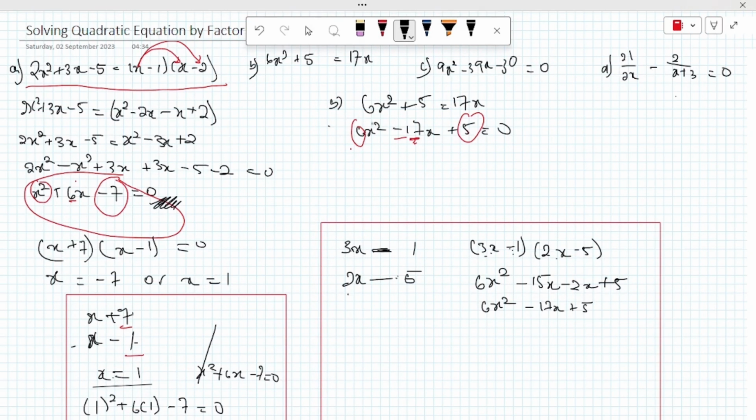So let's write it out. It's going to be 3x minus 1 and 2x minus 5 is equal to 0, right? So guys, it's as simple as that. This is not rocket science.